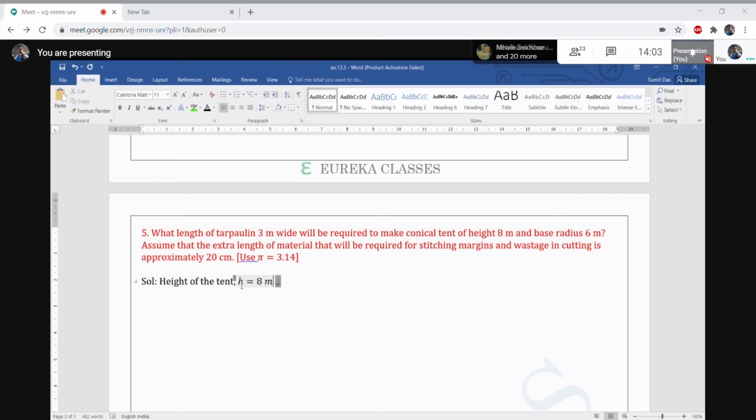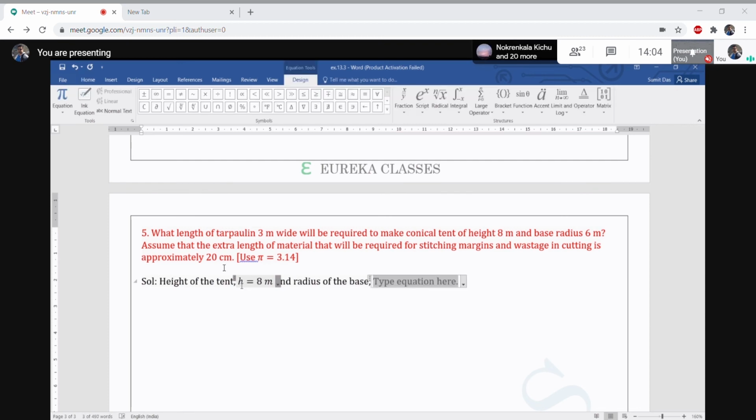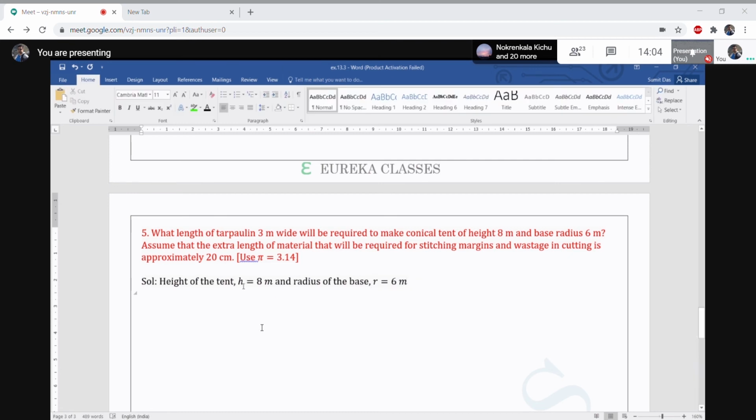Okay, and radius of the base r equal to 6 meter.